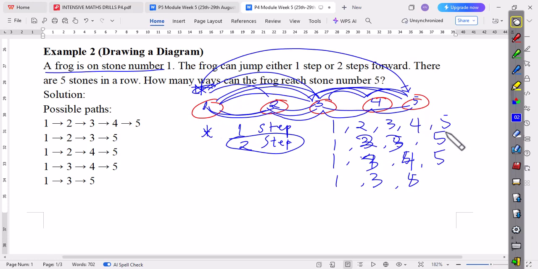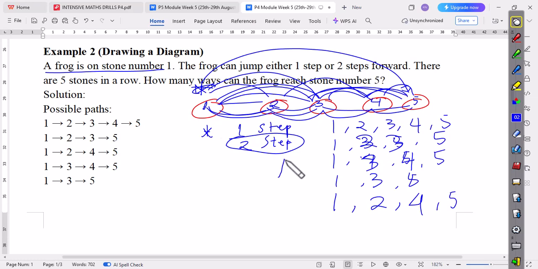Then one goes to two, then directly moves two stones to four, and one step to five. Now we have five possible paths here.